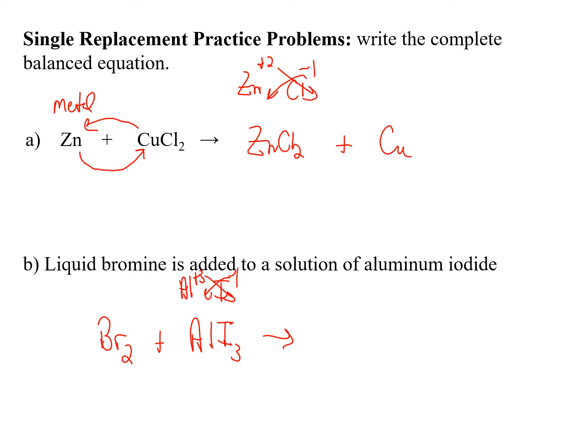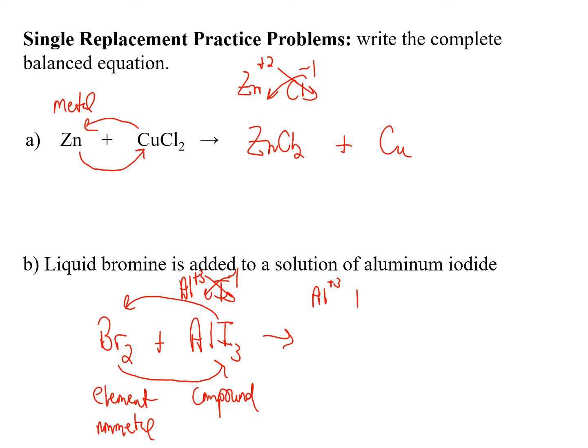So I'm recognizing this as an element and a compound. I know a single replacement reaction is going to happen, but in this case my element is a nonmetal. So that nonmetal is going to replace the nonmetal in the compound. So let's write the formula for the new compound that's going to contain aluminum ions and bromide ions.